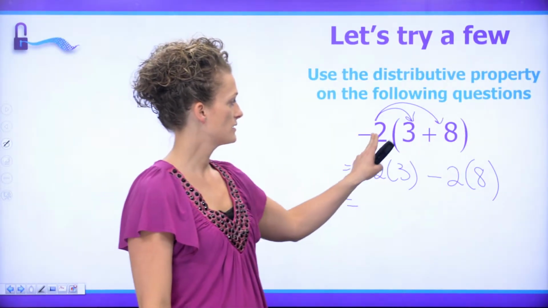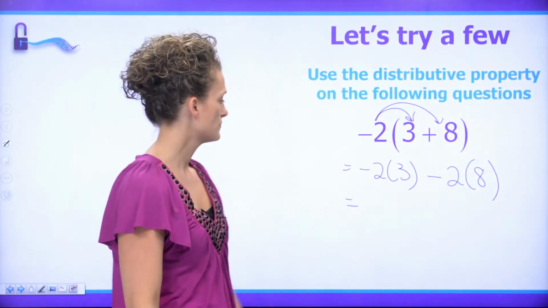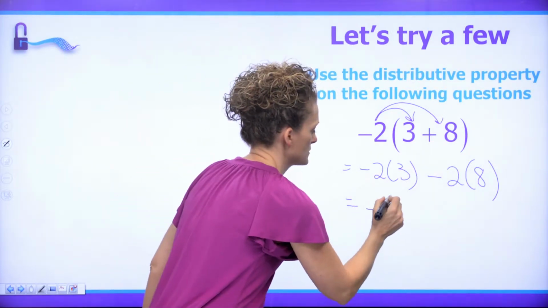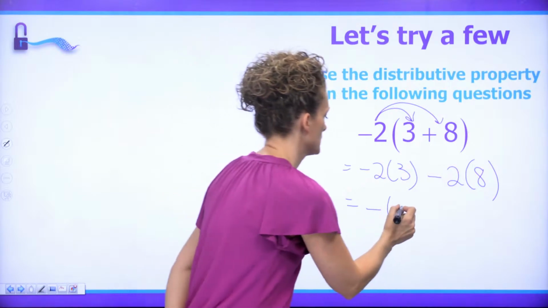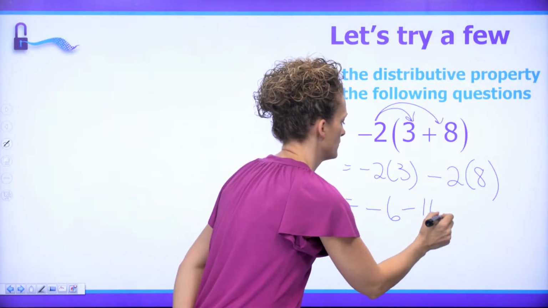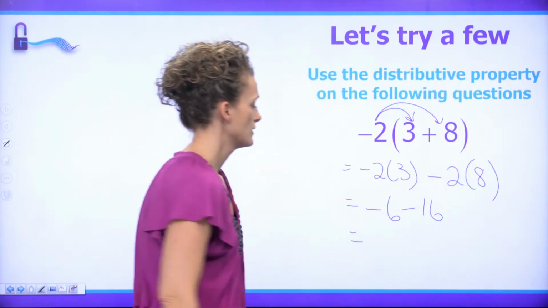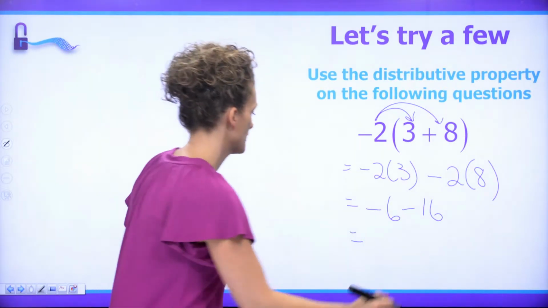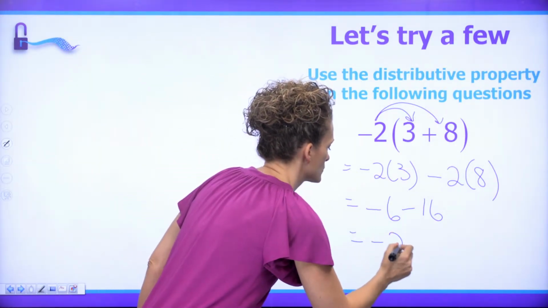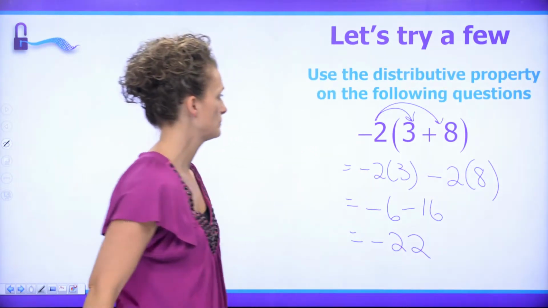Okay, remember a negative times a positive is going to give us a negative. So -2 times 3 is -6, and -2 times 8 is -16. So we go ahead and we subtract these numbers, and we end up with -22.